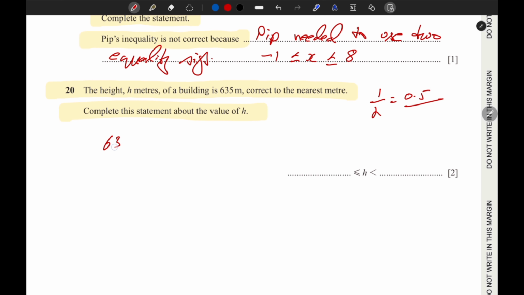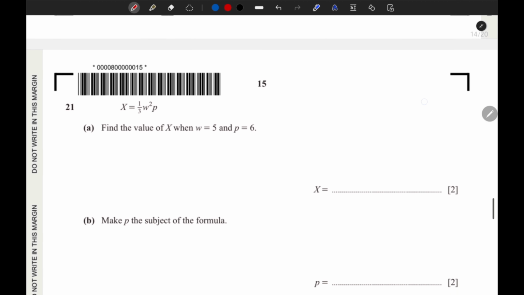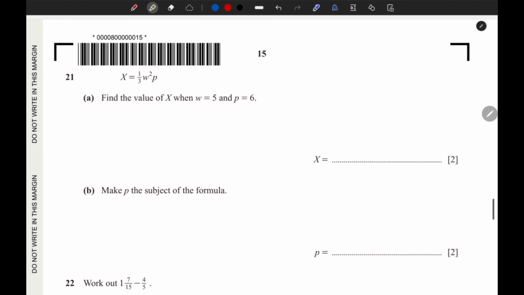Now 635 minus 0.5 is 634.5, and 635 plus 0.5 will be 635.5. So we can write 634.5 and over here 635.5. That's the answer.